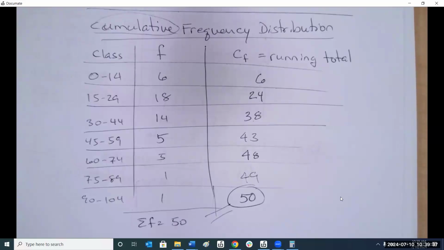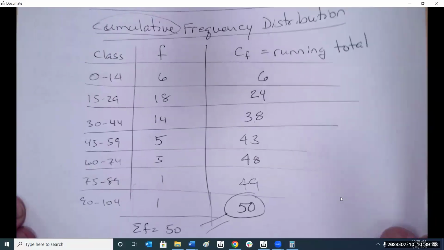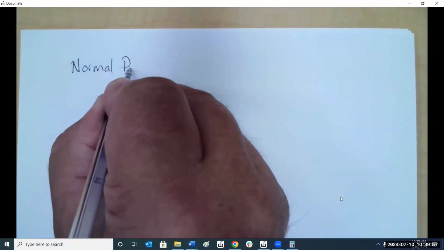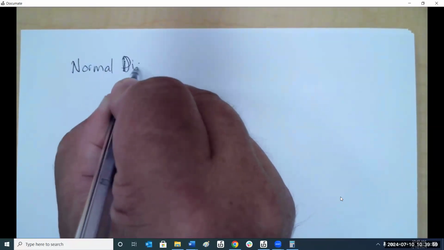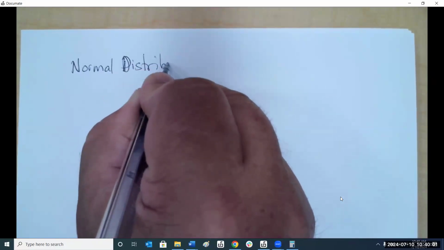Now, the last topic of this section deals with something called normal distribution.